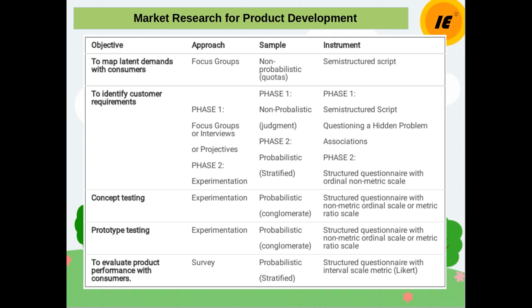Okay, so a lot of technicality. In the second phase, a structured questionnaire using a non-metric or ordinal scale should be used. So I'm just reading from the paper here.